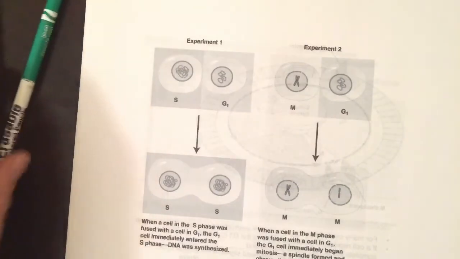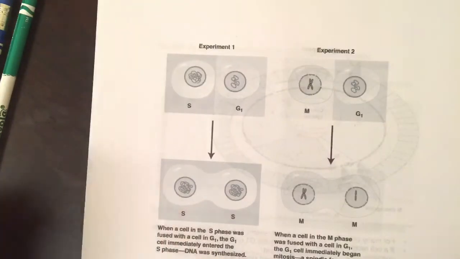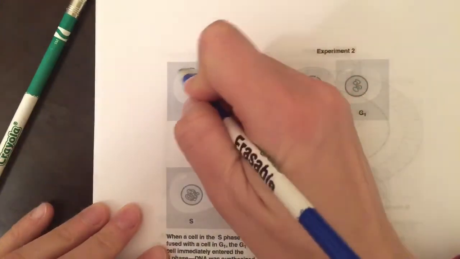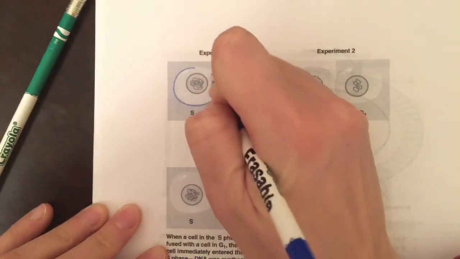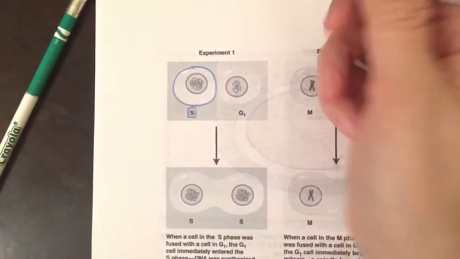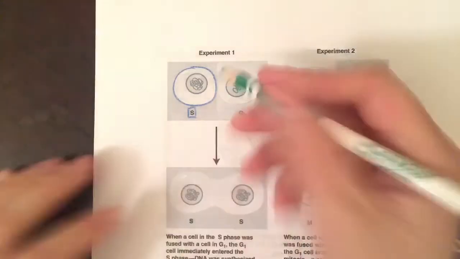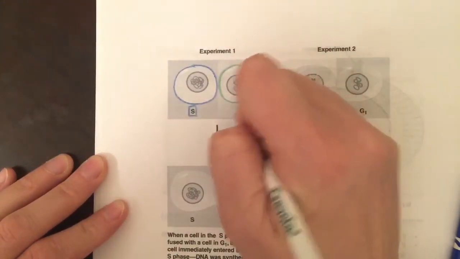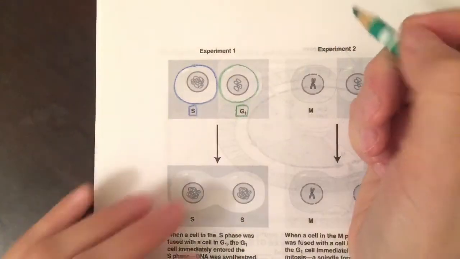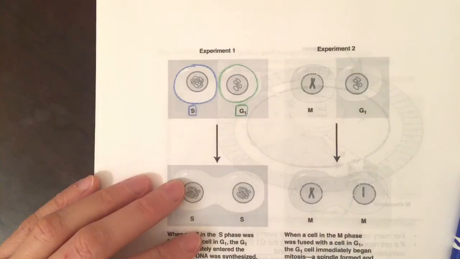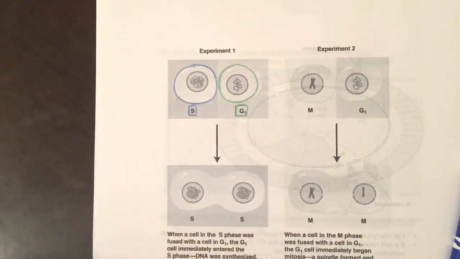So what we have here are two cells. This cell, I'm going to outline in blue, is a cell in the S phase of interphase, and this cell in green is in the G1 phase. They're both in interphase, just different parts of interphase.